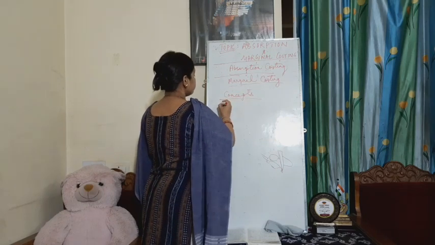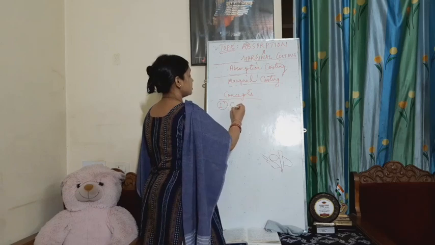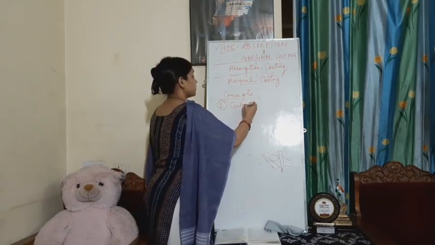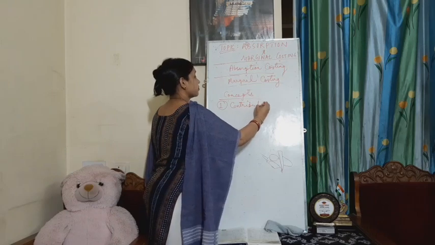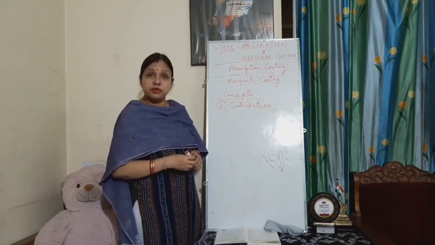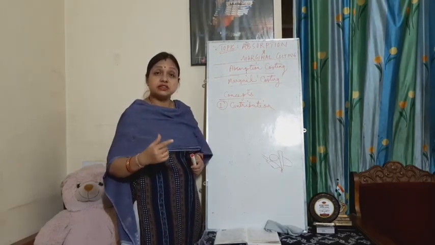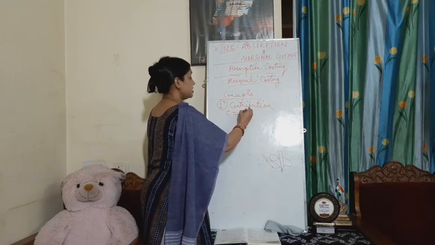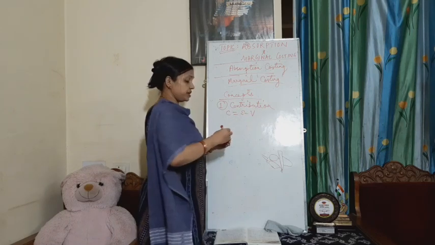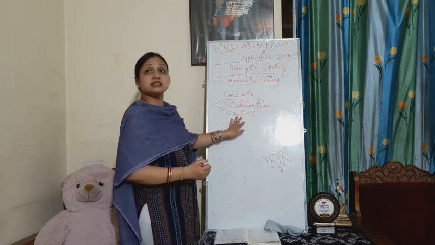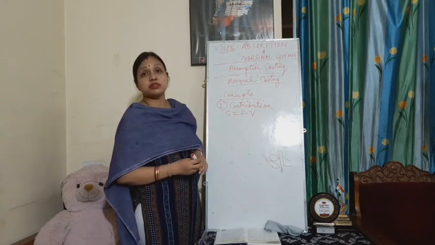Now, the most important concept which is covered in marginal costing is contribution. What do you mean by contribution? Contribution is the excess of sales over variable cost. It is denoted like this: C equals S minus V, where C means contribution, S means total sales and V means variable cost.